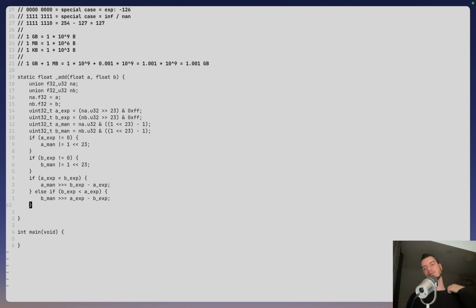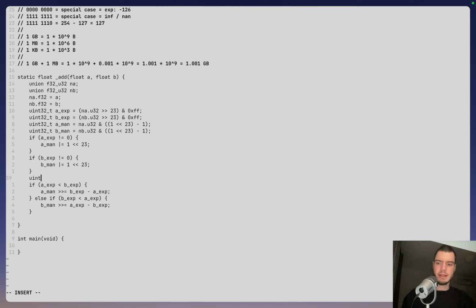Okay. We also need to count. Let's actually just create another value that's going to be our resulting exponent.